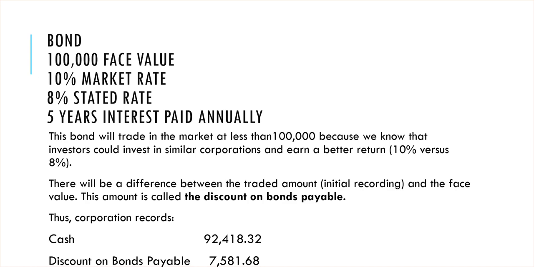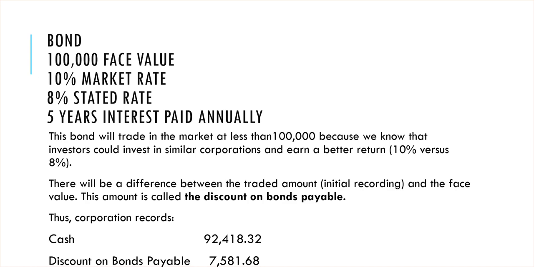If it was semi-annual, our periods of time would be 10. The other thing that changes if you were to do this semi-annually is if it's 10% up here, these are annual interest rates, so that would be 5%, and the 8% would be 4%. So you see things change if you change it from annual to semi-annual.